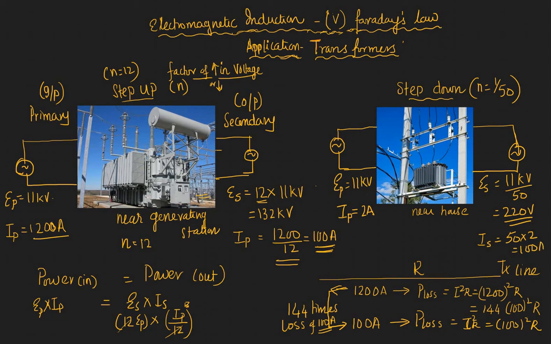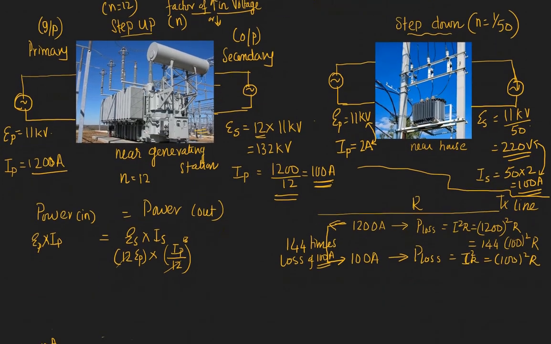The current will go up by 50 times because the voltage went down by 50 times, so that the product of these two is the same as the product of these two. So the power input and the power output is maintained. That's the whole idea of the big picture of why we need transformers.